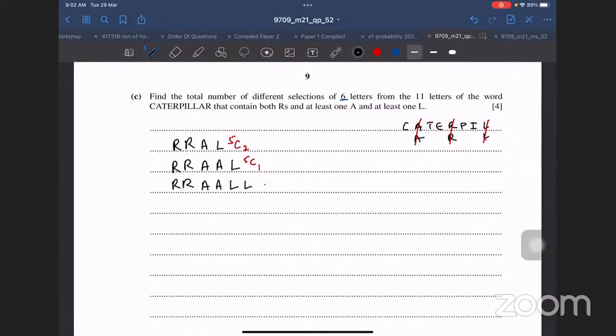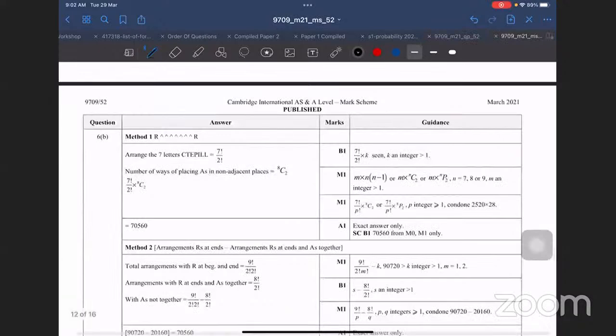Okay, that would be just 5C0, which is 1. This is 5. This is 10. Then I could have another case where I have 1 A, I have 2 L's, and I have 5C1. I get 5. That's a total of 21 different combinations.